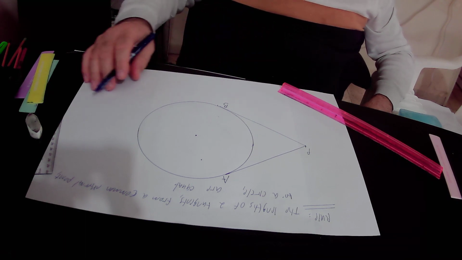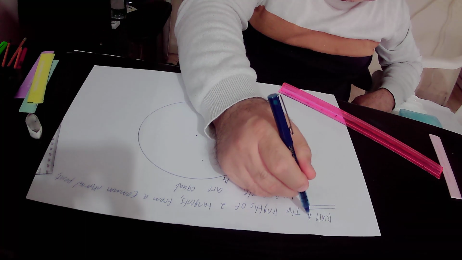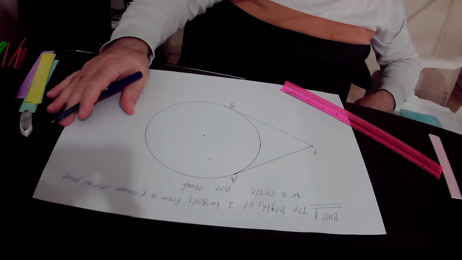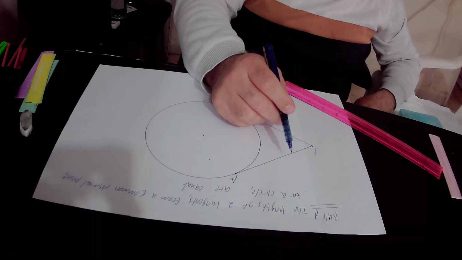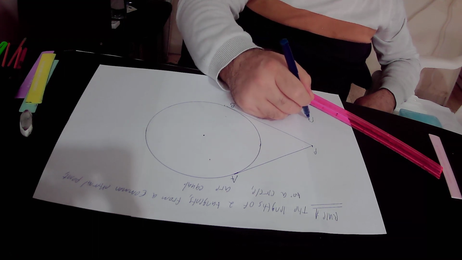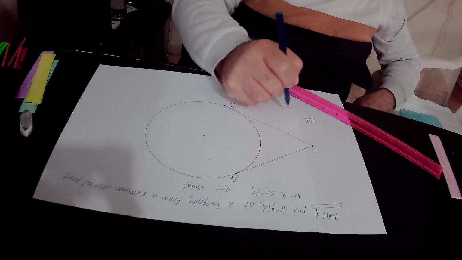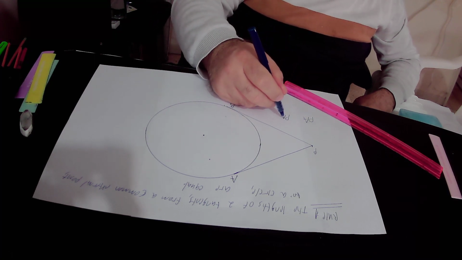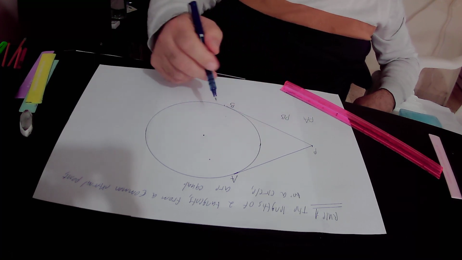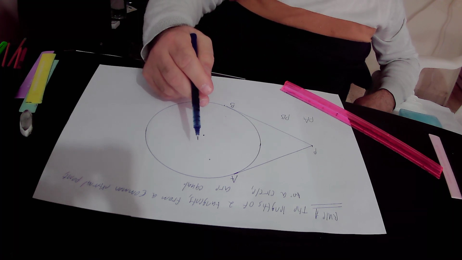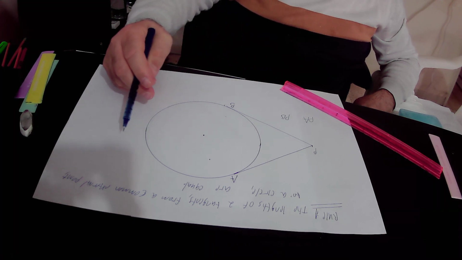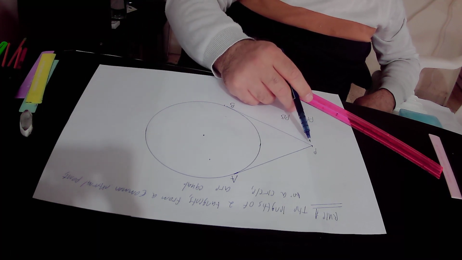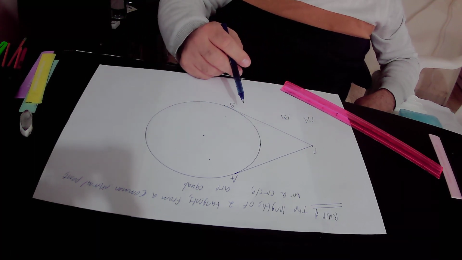Then according to rule number 1, the length of the first tangent is PA, the length of the second tangent is PB, and the lengths of two tangents from a common external point, that is point P, to a circle are equal.